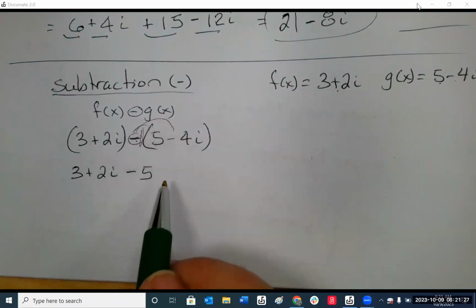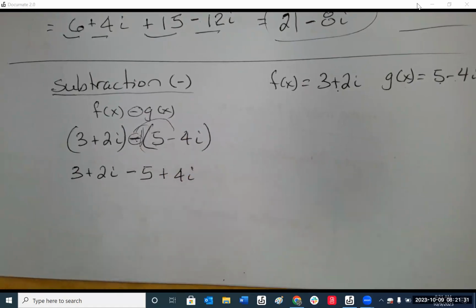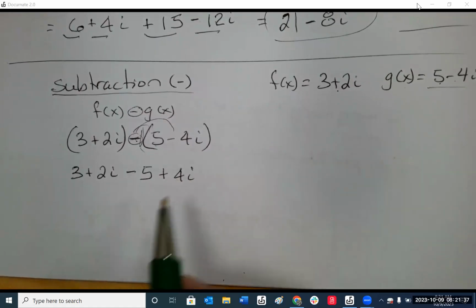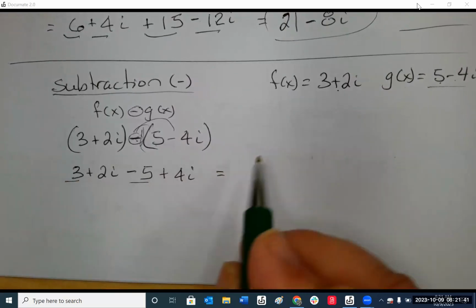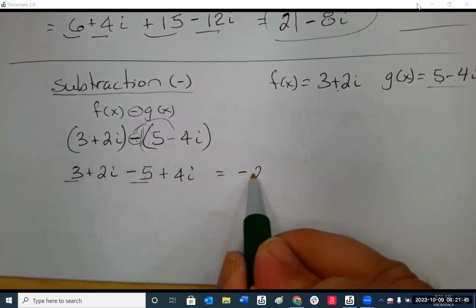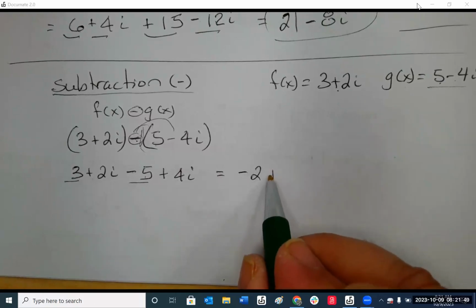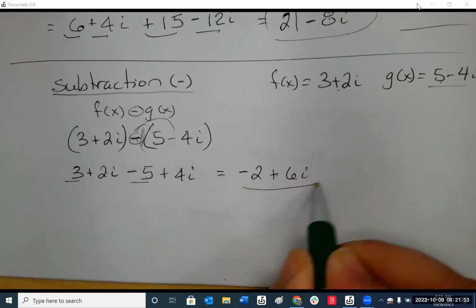Negative times negative is positive. 1 times 4 is 4i. So it changes both of the signs. Positive 3, negative 5. The 5 is bigger, so the answer is negative. 5 minus 3 is 2. Positive and positive, they're both positive. 4 plus 2 is 6i. And there's the answer.